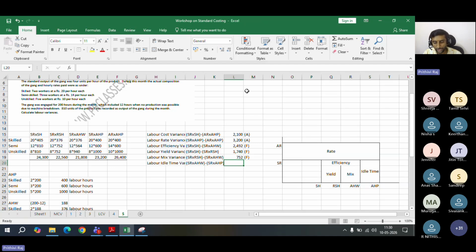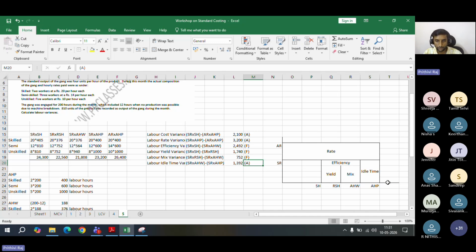Labor idle time: usually idle time will be negative, adverse only. SR into AHW minus SR into AHP is negative, because of idle time we get an unfavorable impact. It is adverse.